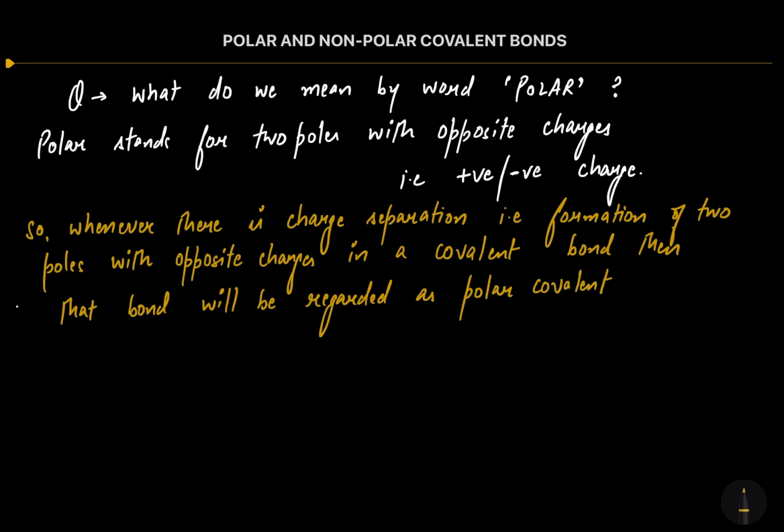So whenever there is charge separation in a covalent bond, that is the formation of two poles in a covalent bond, then that bond is called polar covalent bond.